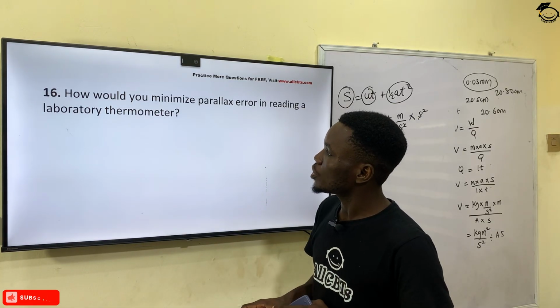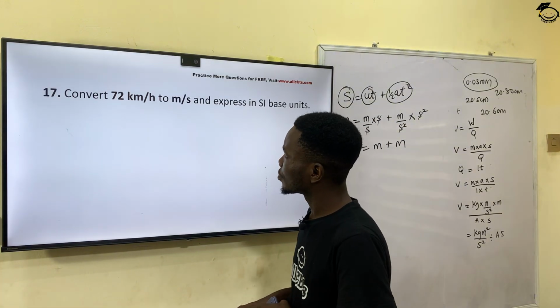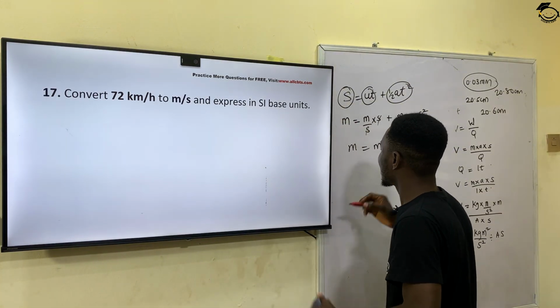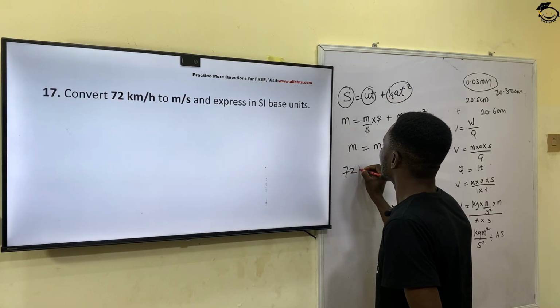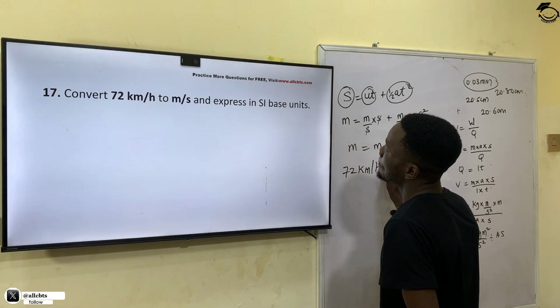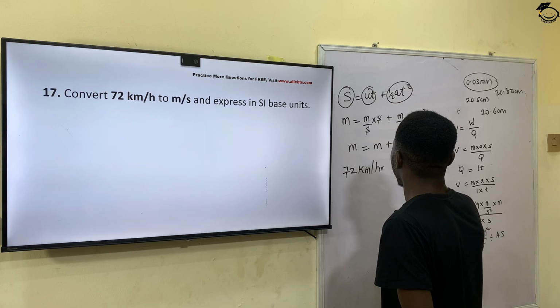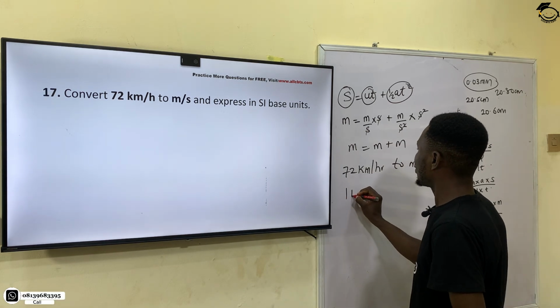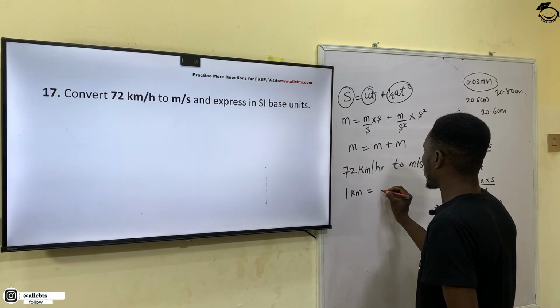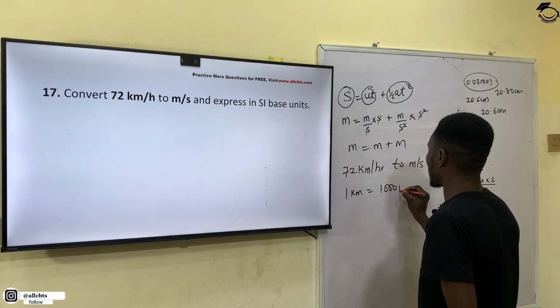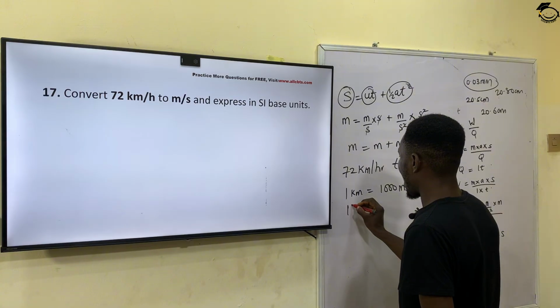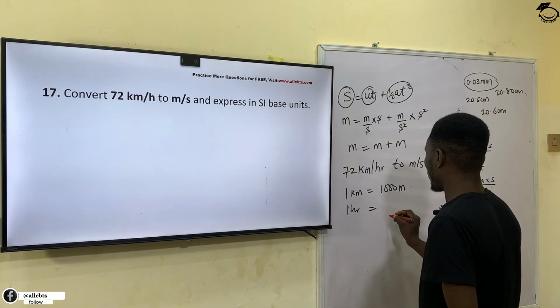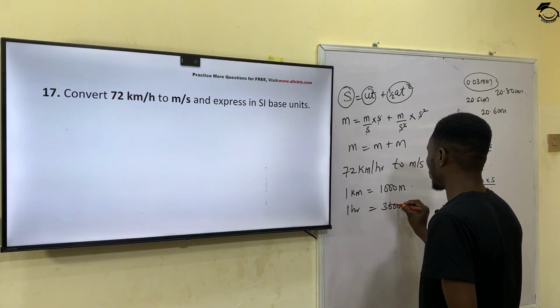So moving on to the next question, which is question number 17. It said, convert 72 kilometer per hour to meter per second. So we know that 1 kilometer is equal to 1,000 meters, and we know that 1 hour is equal to 3,600 seconds.